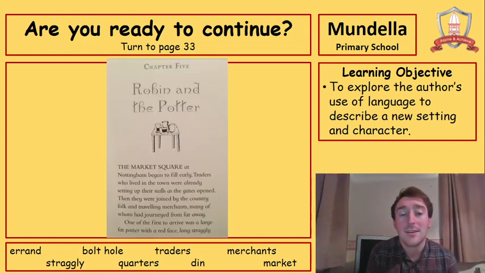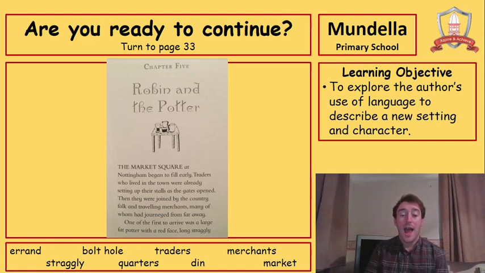Chapter 5. Robin and the Potter. The market square at Nottingham began to fill early. Traders who lived in the town were already setting up their stalls as the gates opened. Then they were joined by the country folk and travelling merchants, many of whom had journeyed from far away.